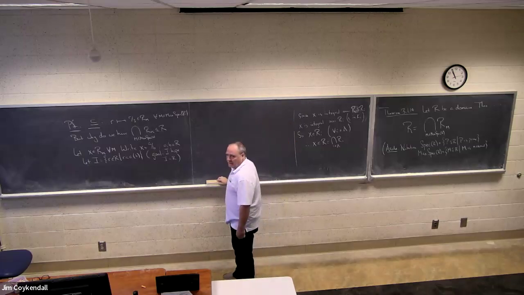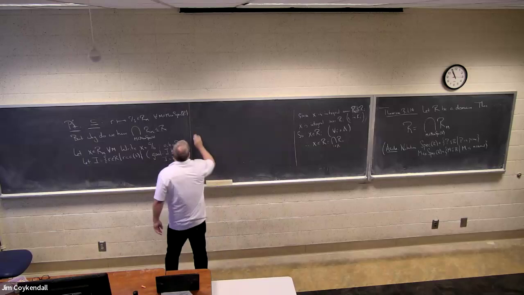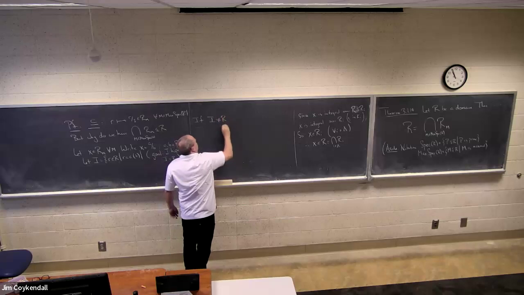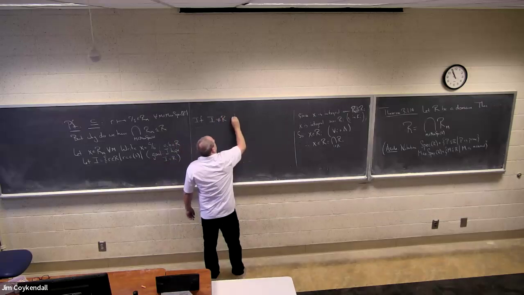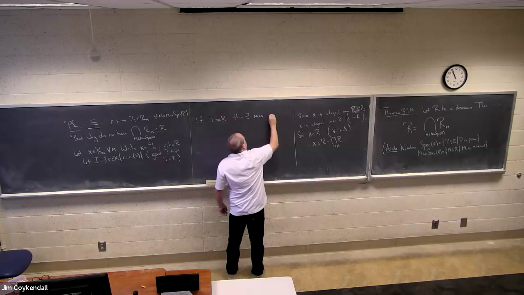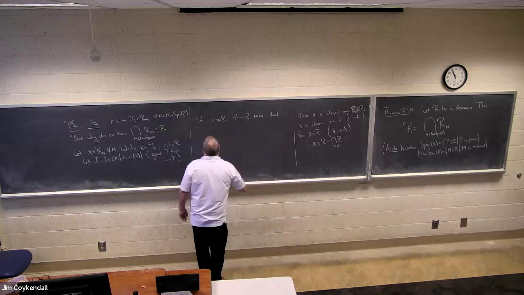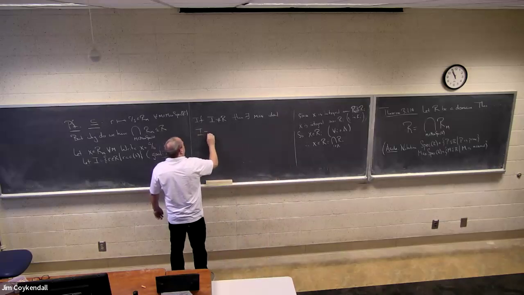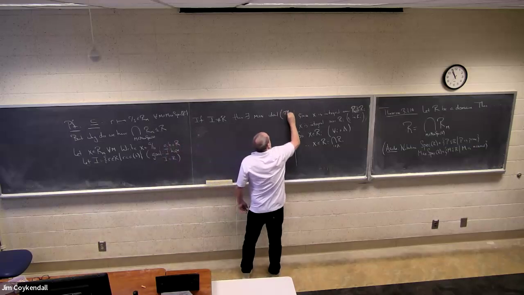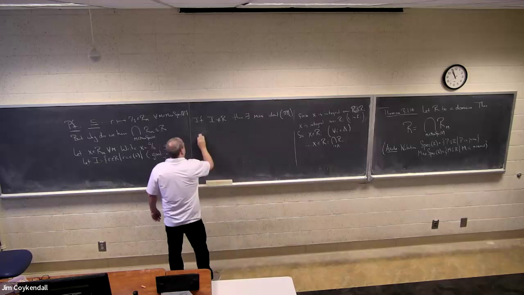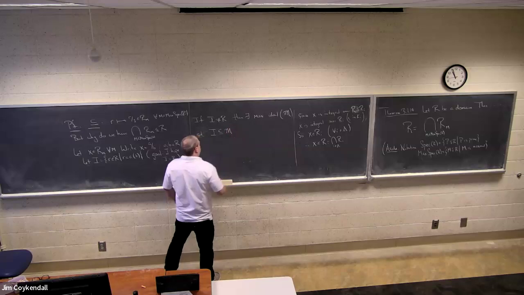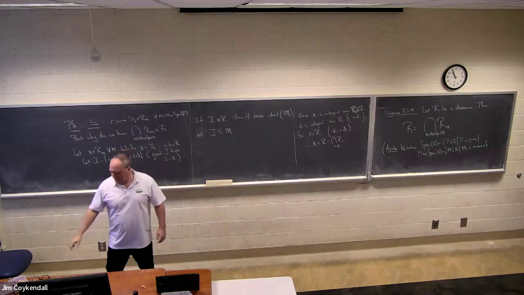Assume it's not, and then expand I to a maximal ideal, I think. Okay. If I is not equal to R, then there exists a maximal ideal M such that I is contained in M, right?